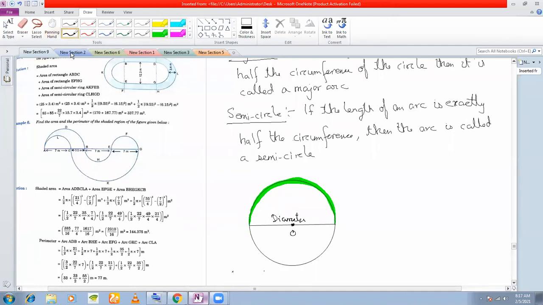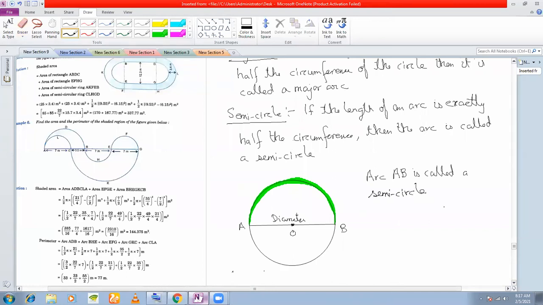So therefore, this arc AB is called a semicircle. Let me write more clearly. It's called a semicircle.